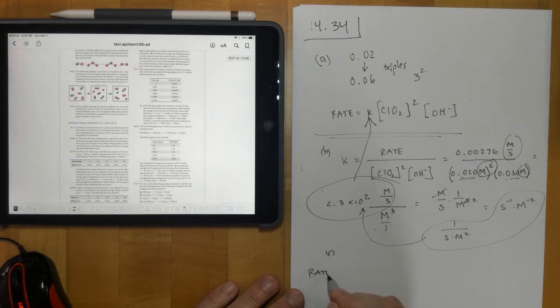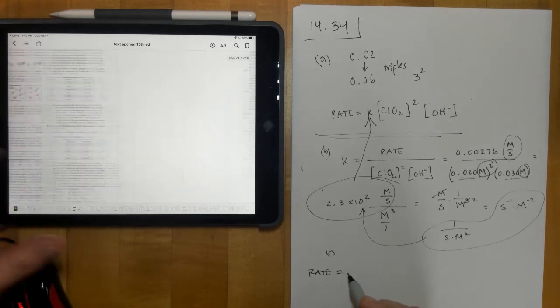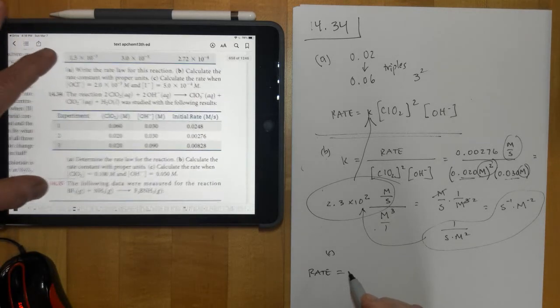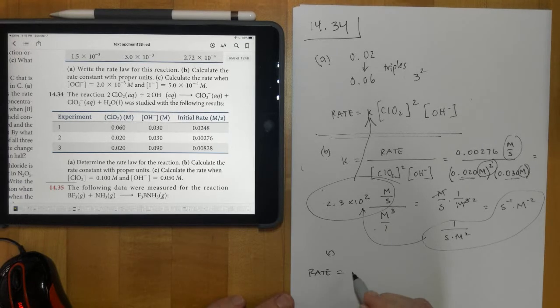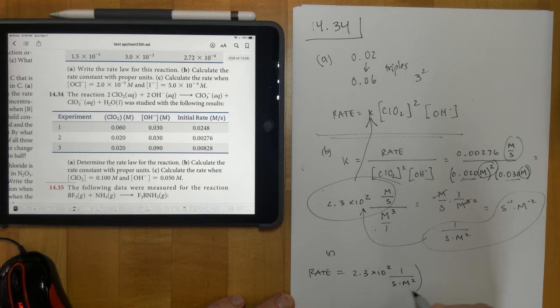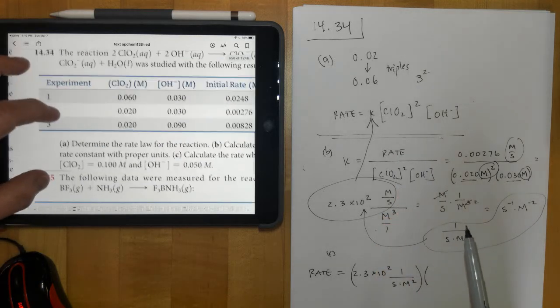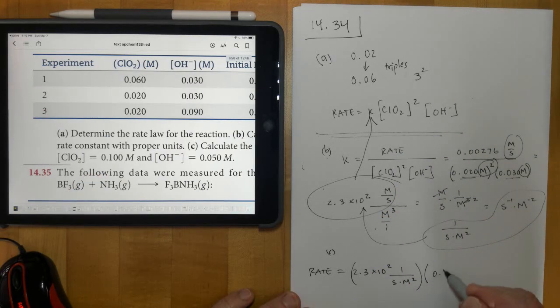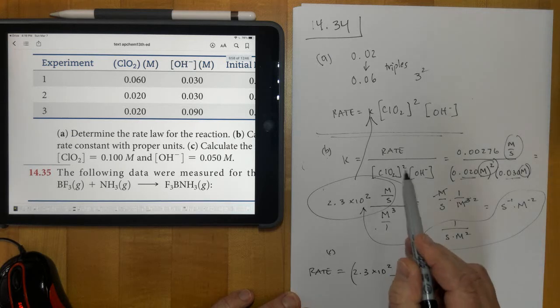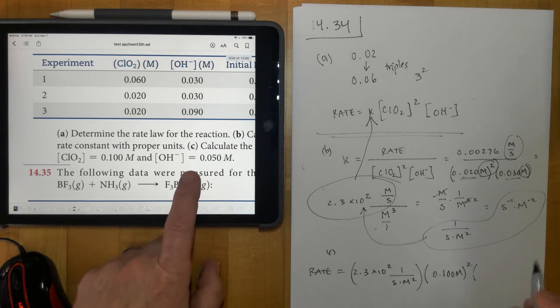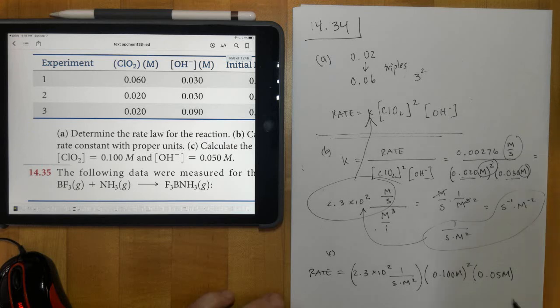So now our rate is equal to k, which is 2.3 times 10 to the 2, units of 1 over seconds times molarity squared, times the concentration of ClO2 that they give us in the problem right here, which is 0.1 molar, squared, times the concentration of OH-, which is 0.05 molar, to the first power.